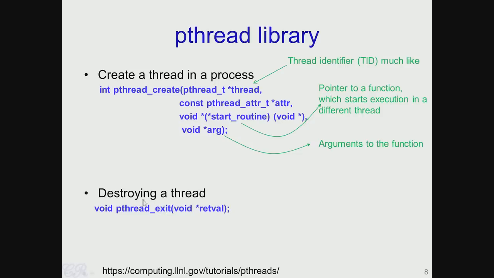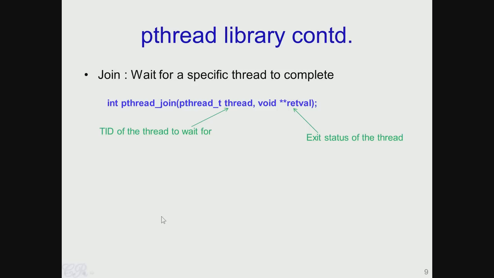This is in many ways similar to the exit system call that we have seen in processes. Another important pthread library function is pthread_join. Through this, a process or a thread could wait for a specific thread to complete. This is much like the wait system call that we have seen with respect to processes.